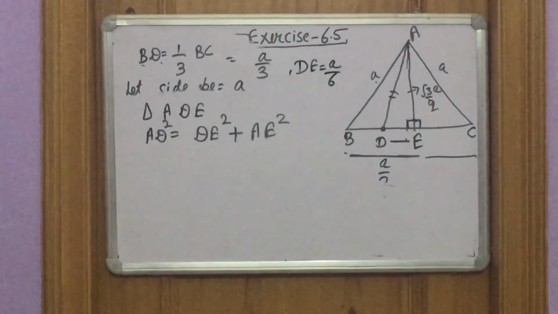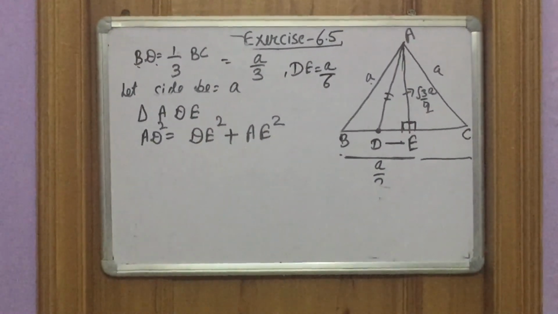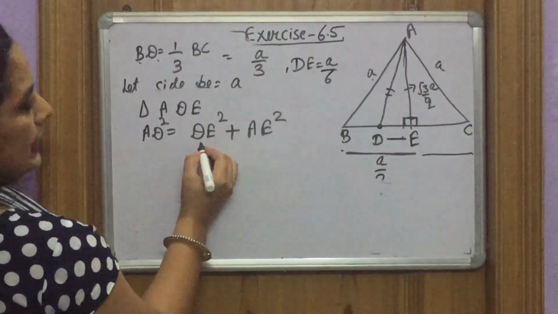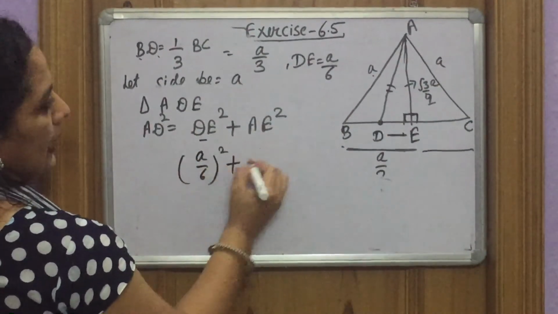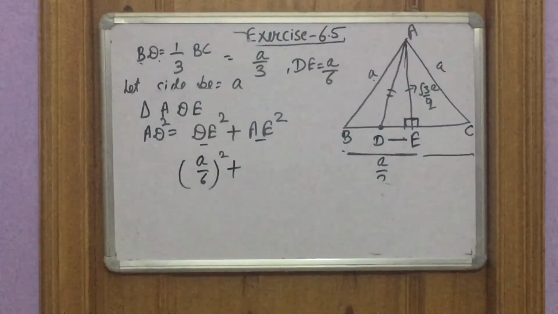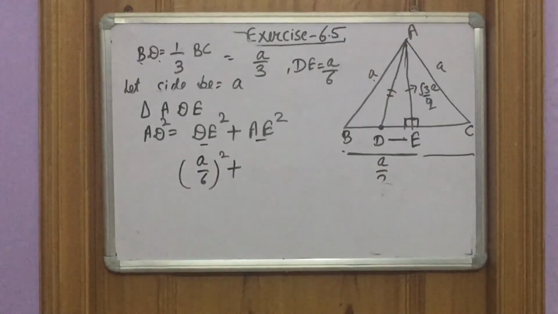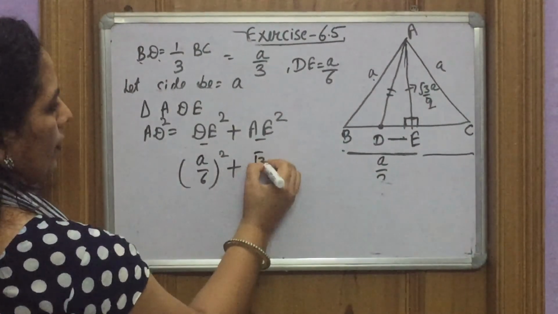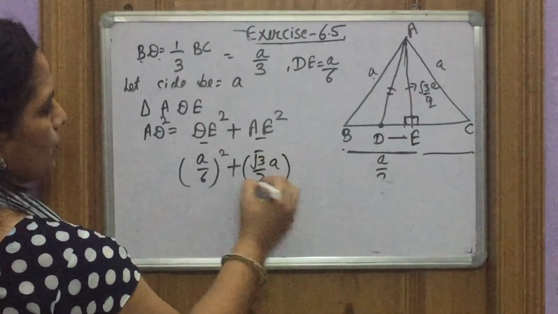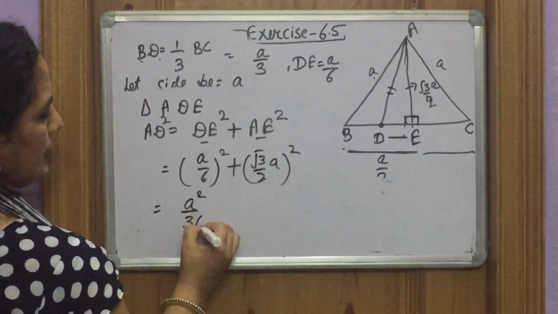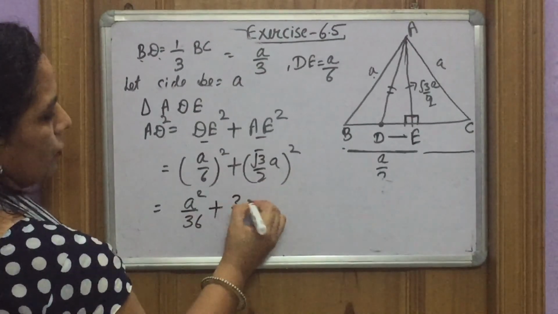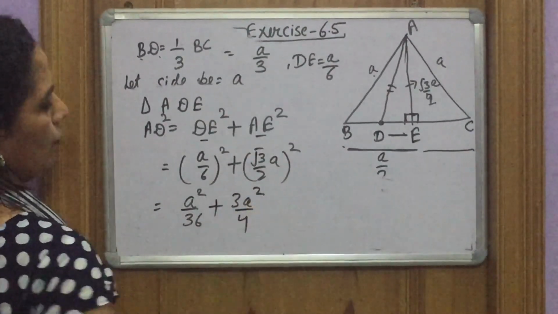Now put all these values in this given condition. DE is a by 6 square. AE is root 3 by 2 a and whole square. Solve these terms. a square by 36 plus 3a square by 4.